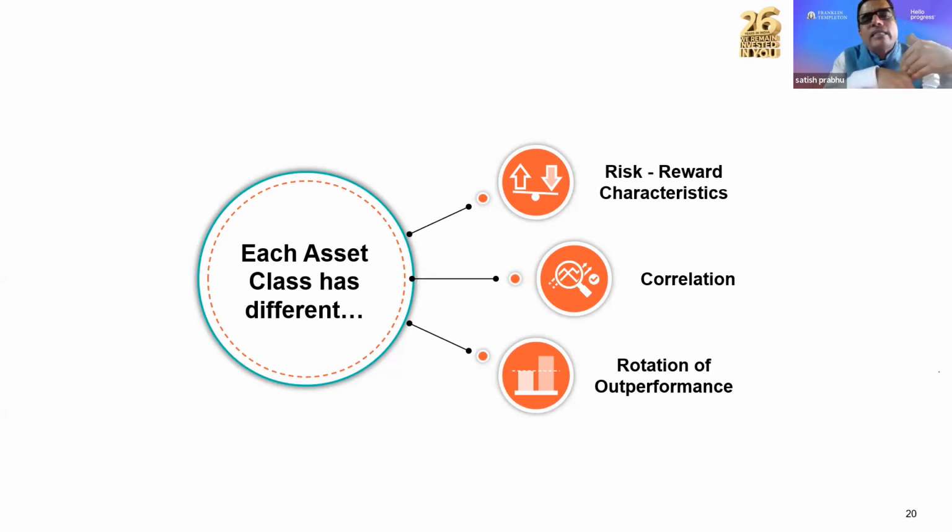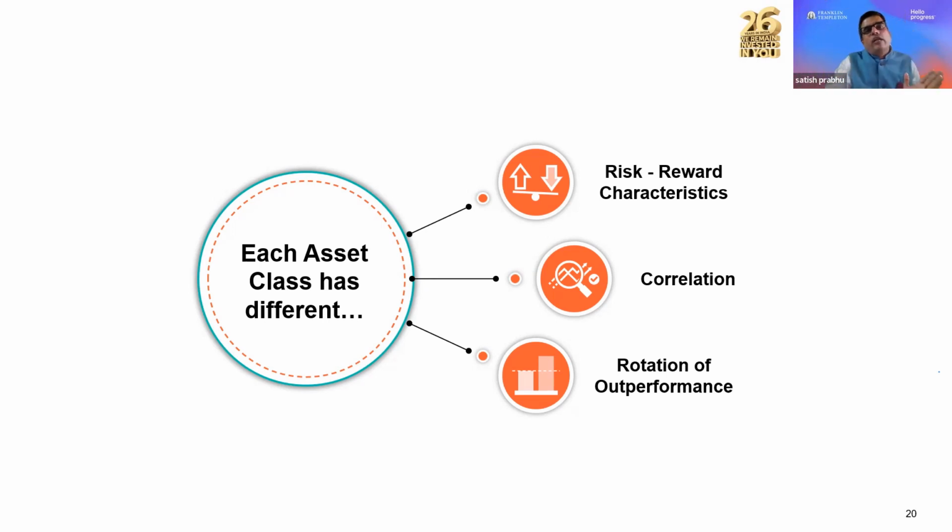So, for example, large cap equity and small cap equity or mid cap equity, since they all fall within the equity asset class, will have a similar correlation, or a higher correlation. But I told you that equity and gold are on opposite sides of that table, and that's why they have a lower correlation.